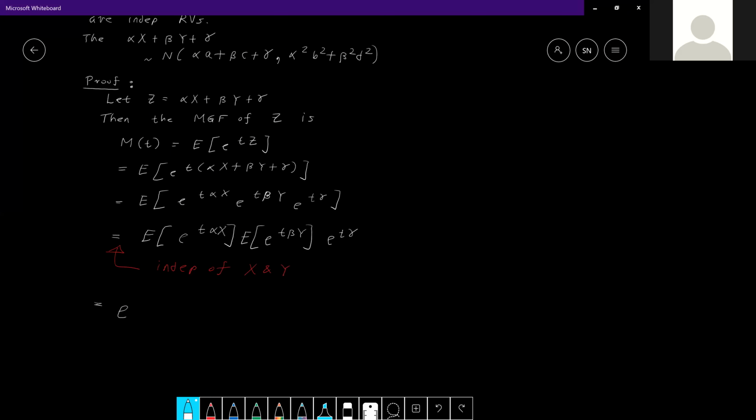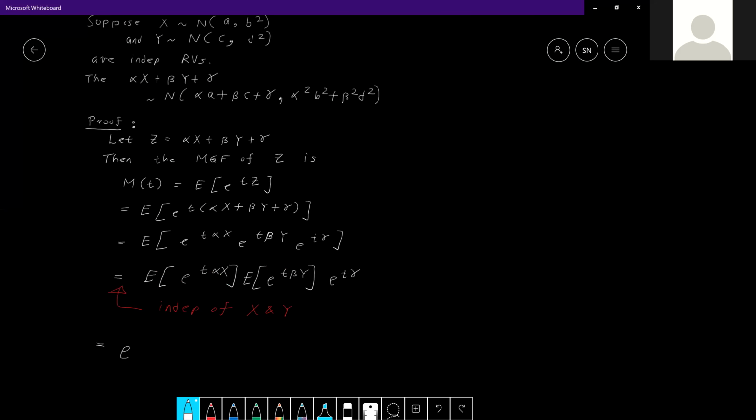So the expectation of e to the t alpha X is going to be e to the A t alpha plus sigma squared, which is b squared, t squared alpha squared divided by 2.